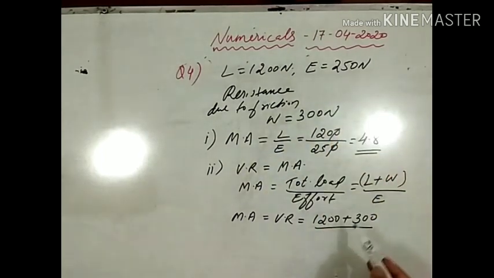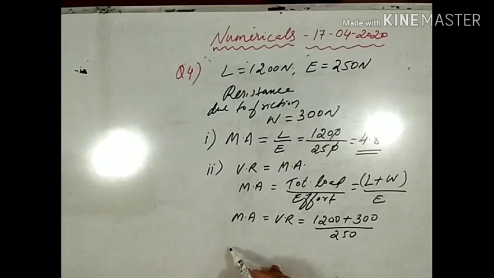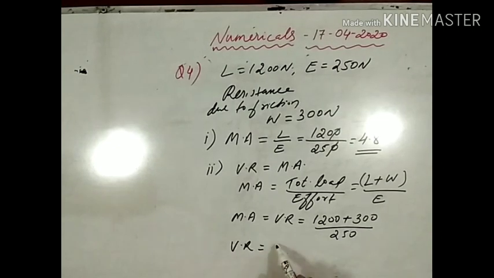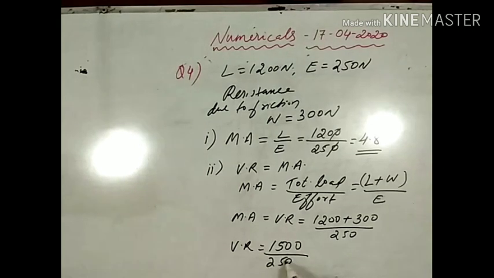What is the effort? 250 Newton. Therefore, velocity ratio is equal to 1500 divided by 250. That is coming out as 150 divided by 25, 6. So we got the value of velocity ratio as 6.